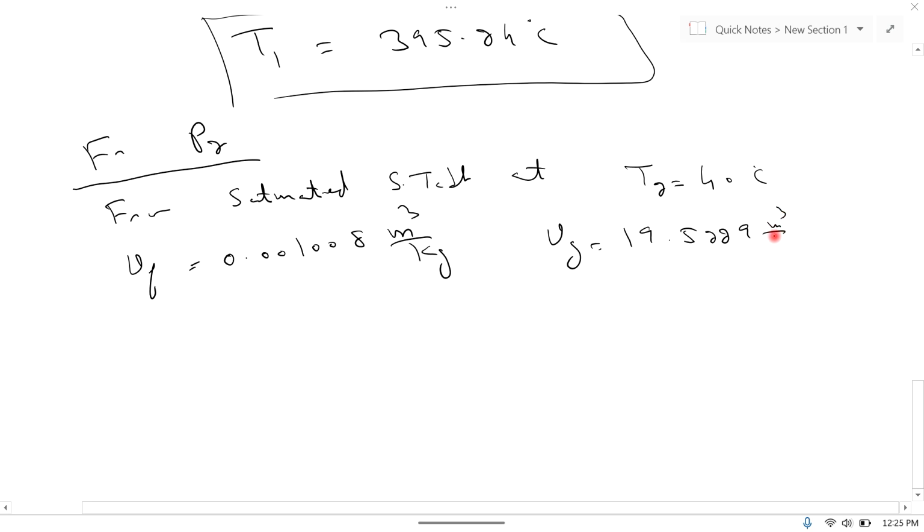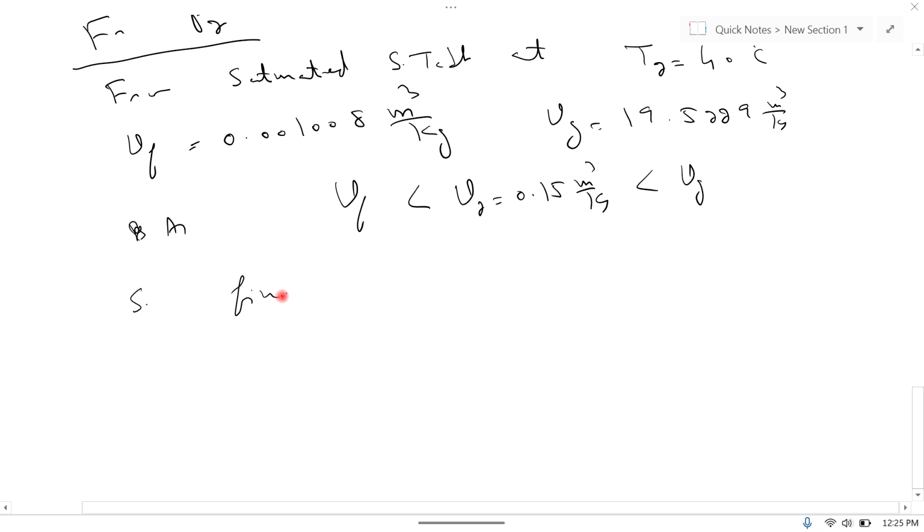Volume V2, which is given to us as 0.15 meter cube per kg, is greater than Vf and less than Vg.